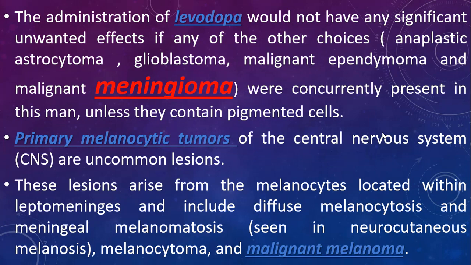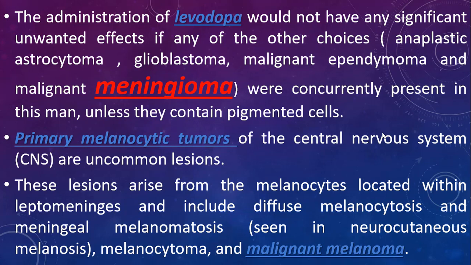The administration of levodopa would not have any significant unwanted effect if any of the other choices, anaplastic astrocytoma, glioblastoma multiforme, malignant ependymoma, and malignant meningioma, were concurrently present in this man, unless they contain pigmented cells. A pigmented tumor, which is called primary melanocytic tumors of the central nervous system, is an uncommon lesion.